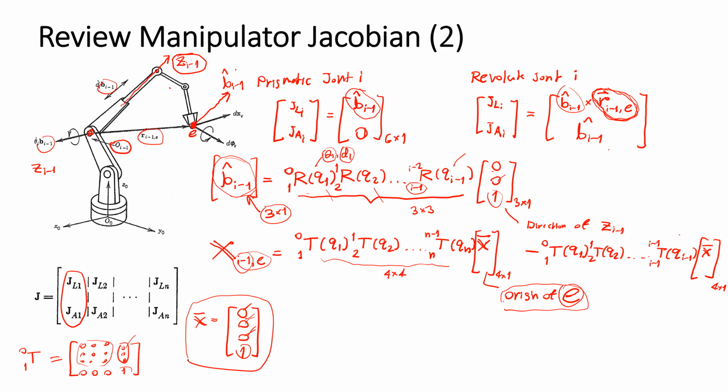Yes, this is the idea. And finally, if we have the product of 4 by 4 metric and multiply by a 4 by 1 vector, we have a 4 by 1 vector, and we subtract by this one, which indicates the origin of the frame I-1.